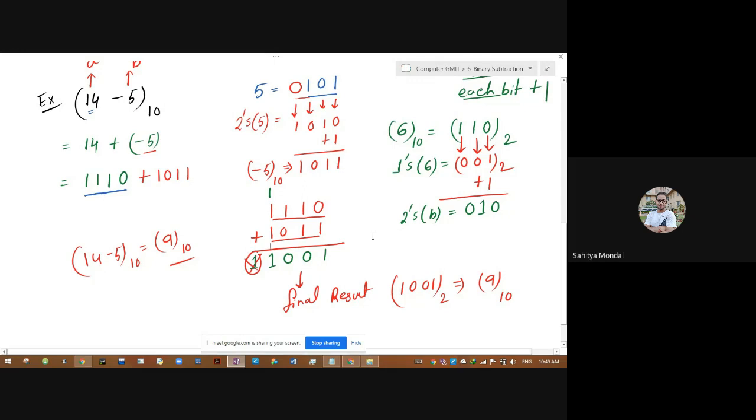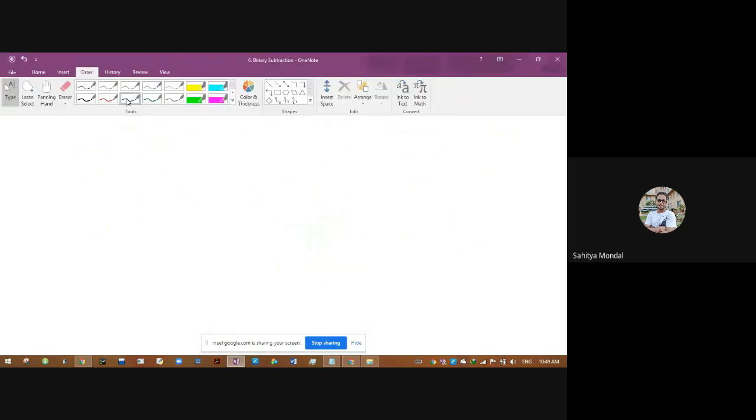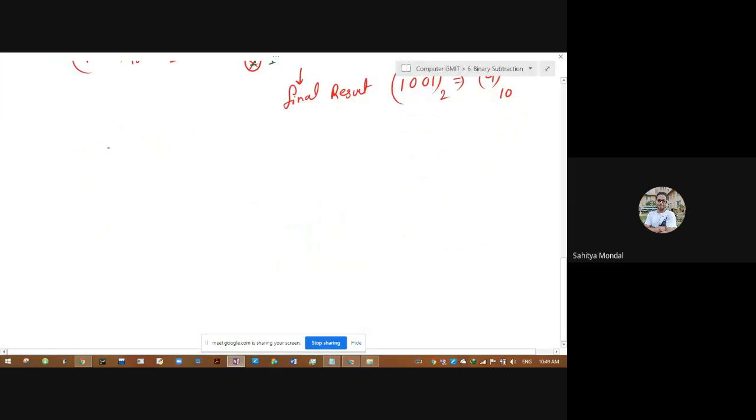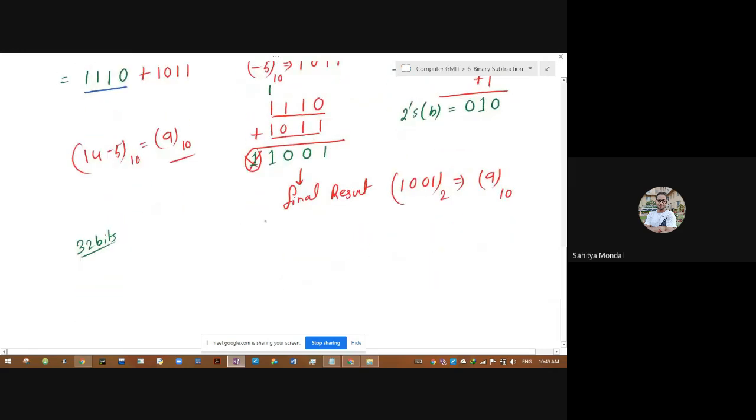Same concept in 2's complement. So in reality, what will happen? Now you can understand the reality. Every time the same question. The computer works in 32 bit. So let's say in that example, 14 is 1, 1, 1, 0, and if you take it as 32 bit, the remaining bits will be zeros.